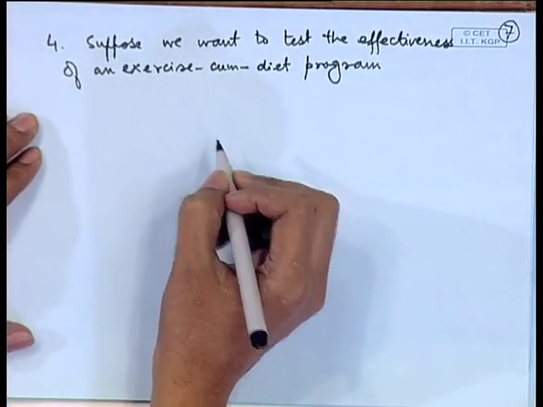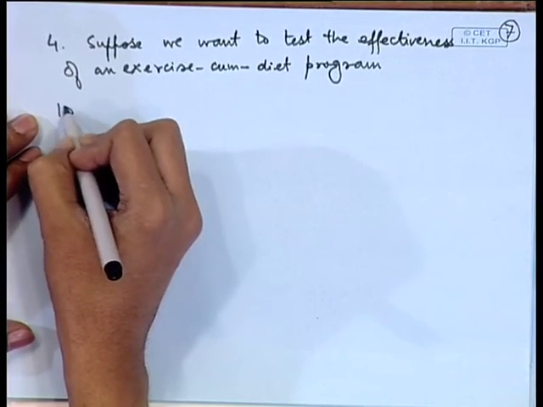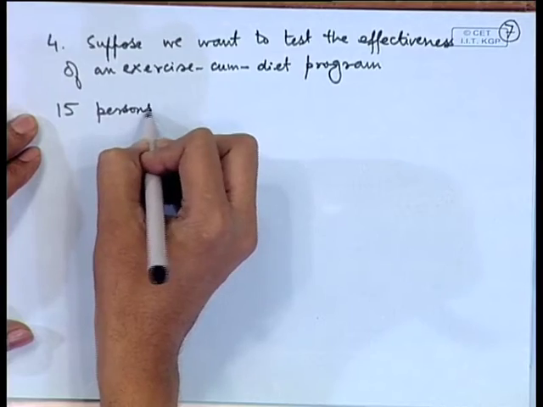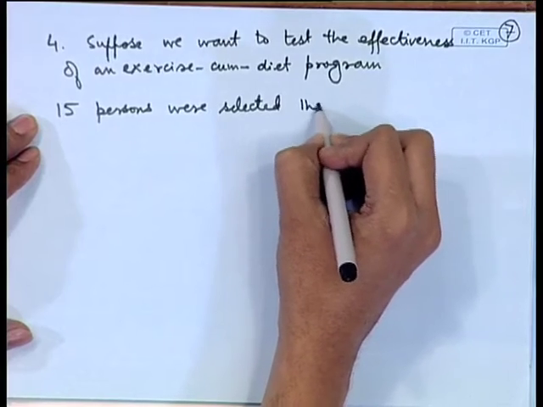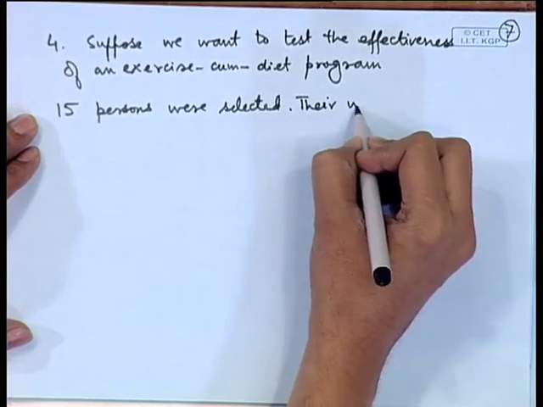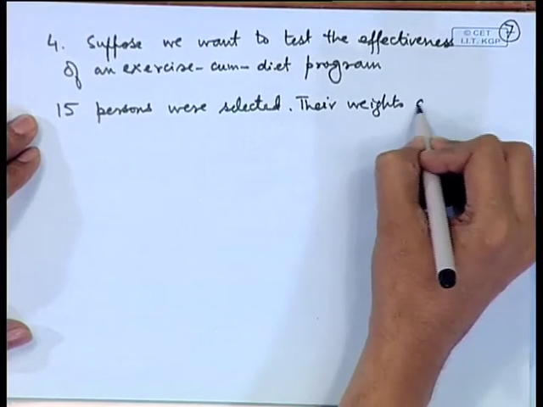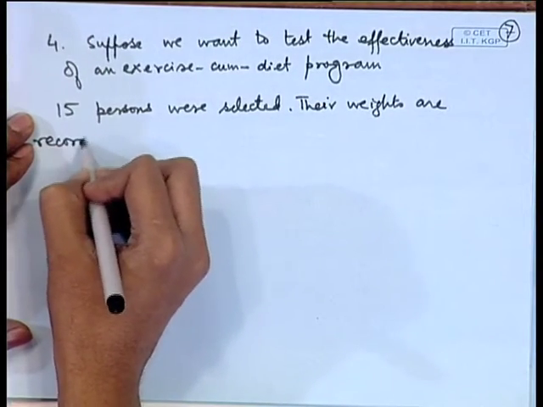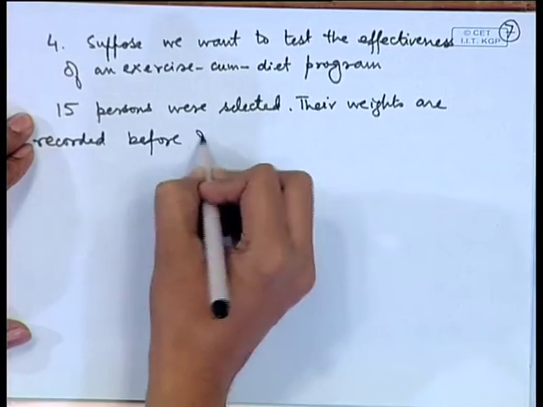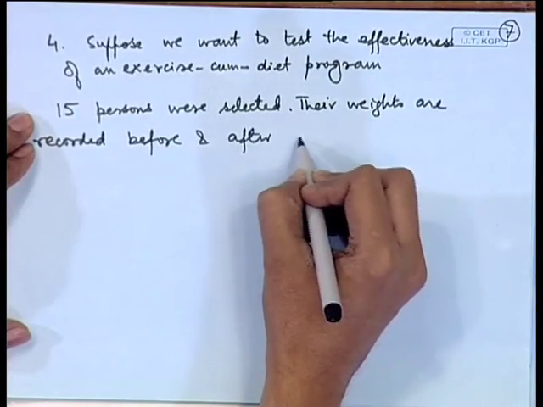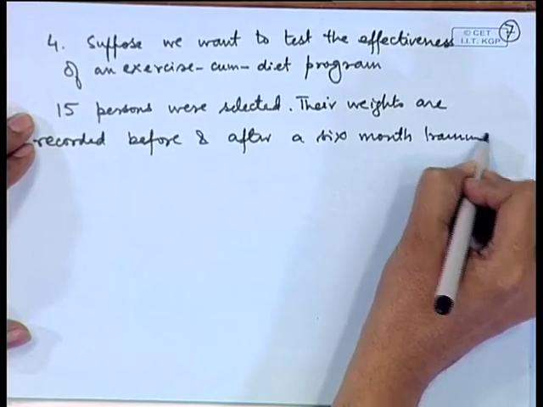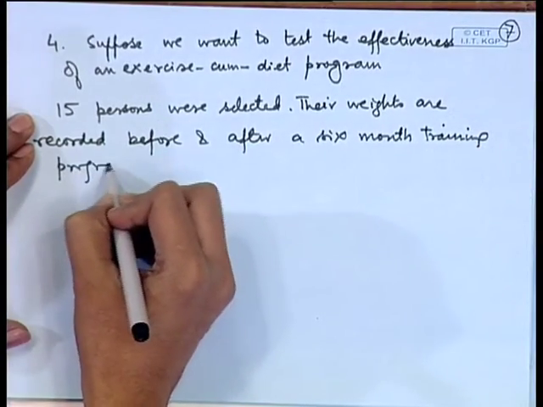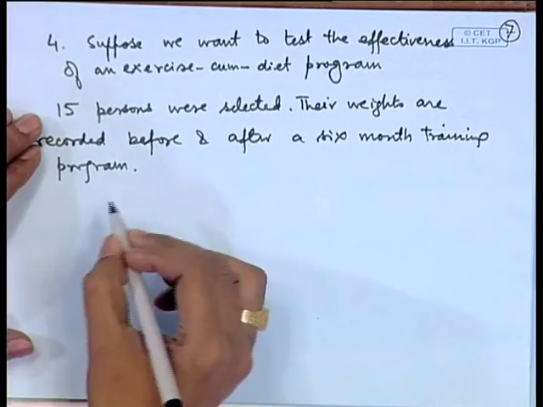Say 15 persons were selected, and their weights are recorded before and after a 6-month training program. So, we want to see whether the average weights have reduced.